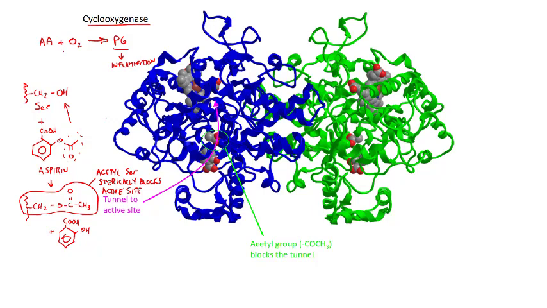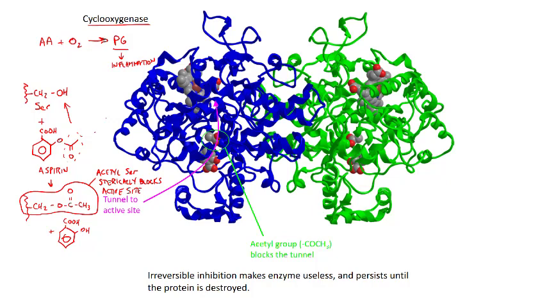So this acetyl group blocks this tunnel and makes it so that cyclooxygenase is incapable of binding arachidonic acid. And it's a permanent reaction. So the enzyme is dead and it stays dead until it gets chopped up for scrap, so to speak. So because of this, we have a useless enzyme, we don't get our prostaglandins, and we don't get inflammation.